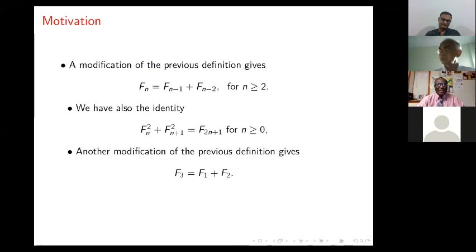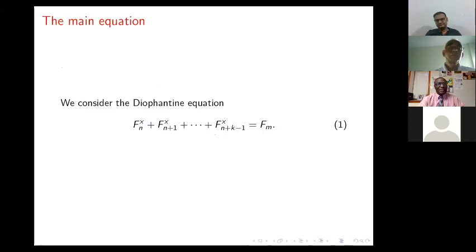So from there, we look again. If we take n equal to 3, we have also an identity. And from there, we said, can we look at the Diophantine equation, F_n exponent x plus F_(n+1) exponent x, and so on, but we stop at F_(n+k-1), and we take still the power x.